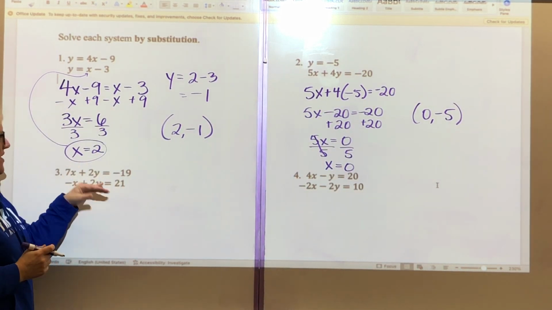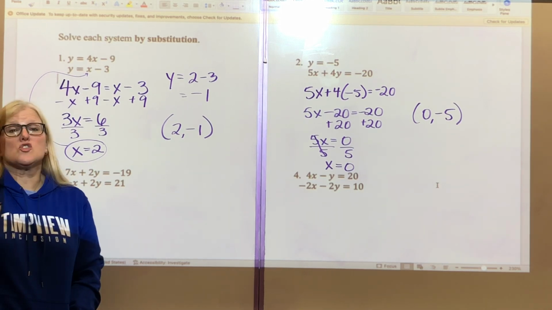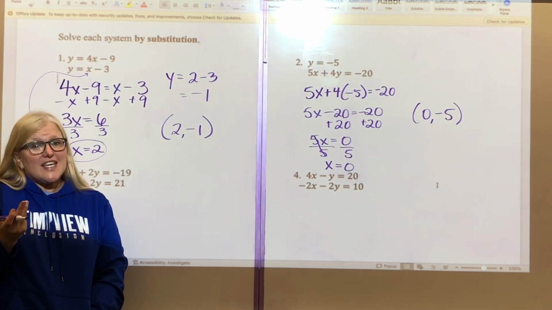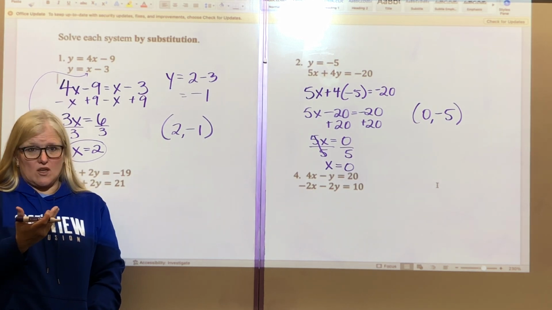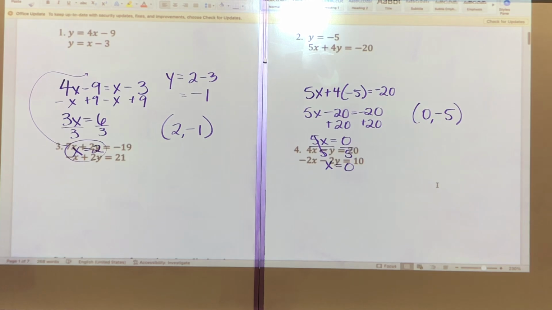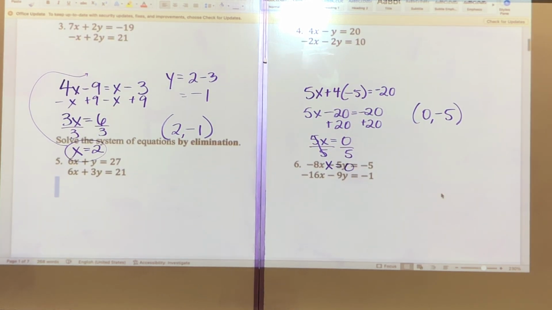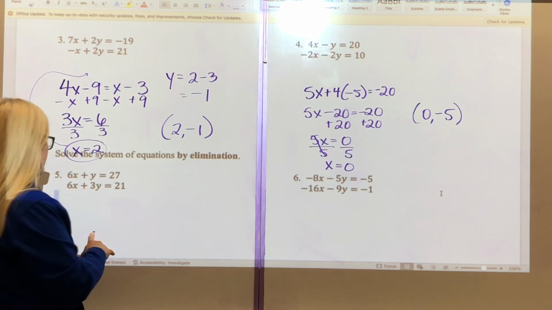Down here, again, they want us to do it by substitution. It looks like it's going to be easier to do elimination, and quite frankly, it probably would be, but that's not what the instructions are.